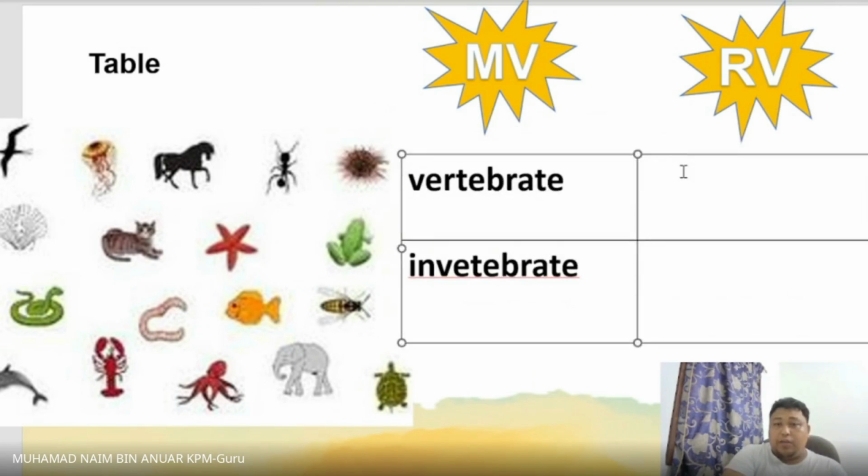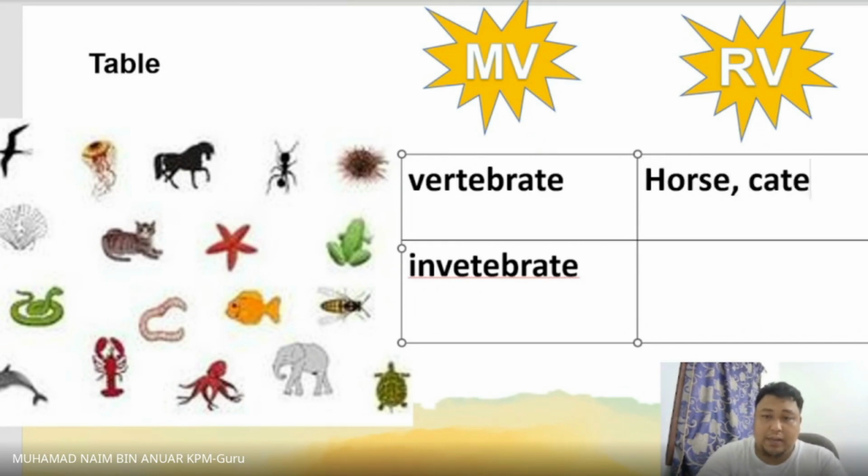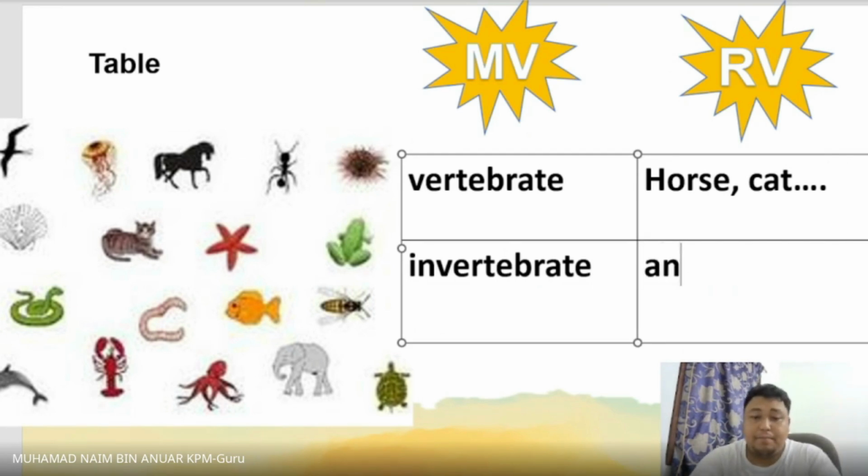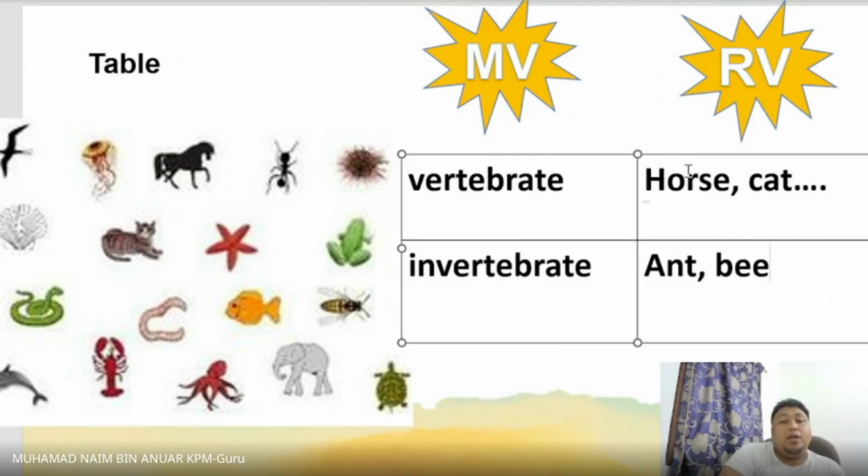Then on RV, you can put the type of animal here. Vertebrate is what? Let's say we have picture of horse, we have cat, and so on. Invertebrate, we have ant, we have bees here. Okay, but we haven't finished the table yet because now we only have few words without any header.